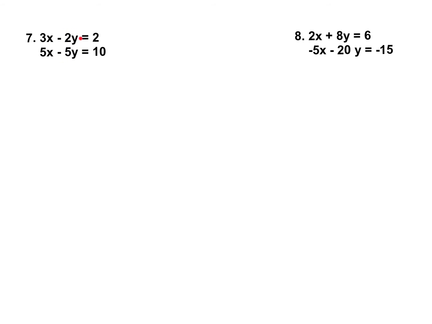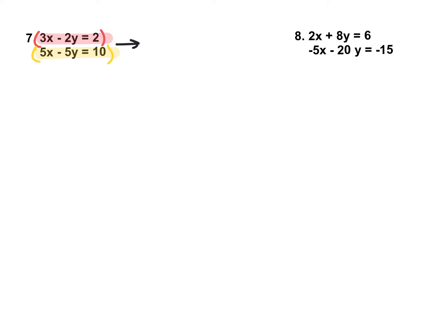Let's start looking at figuring out how we could cancel out the y's in number 7. So you know me, I like to highlight my two equations, and I want to figure out how I can cancel those out. Well, let's see. Is there some common number that 2 and 5 are divisible into? Maybe some common goal number that I can multiply my first equation by something and my second equation by something, so that way I rewrite both and I add the y's together and they cancel.